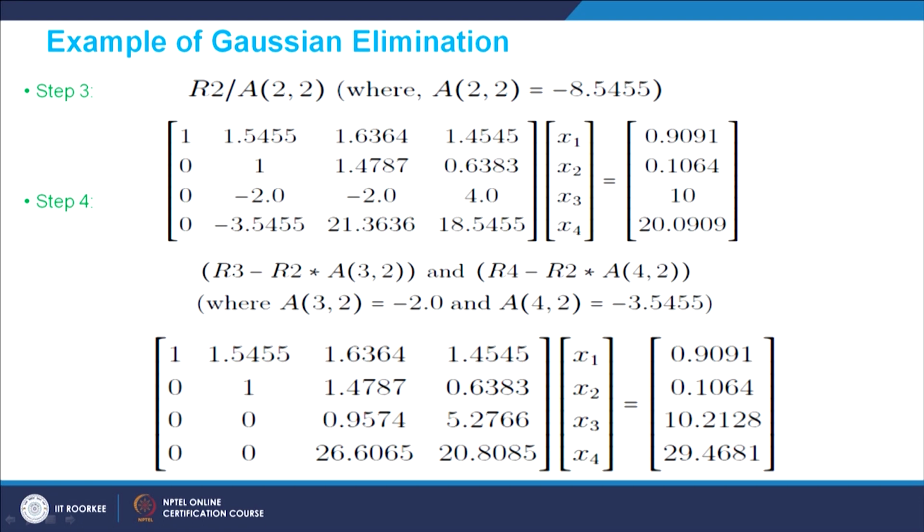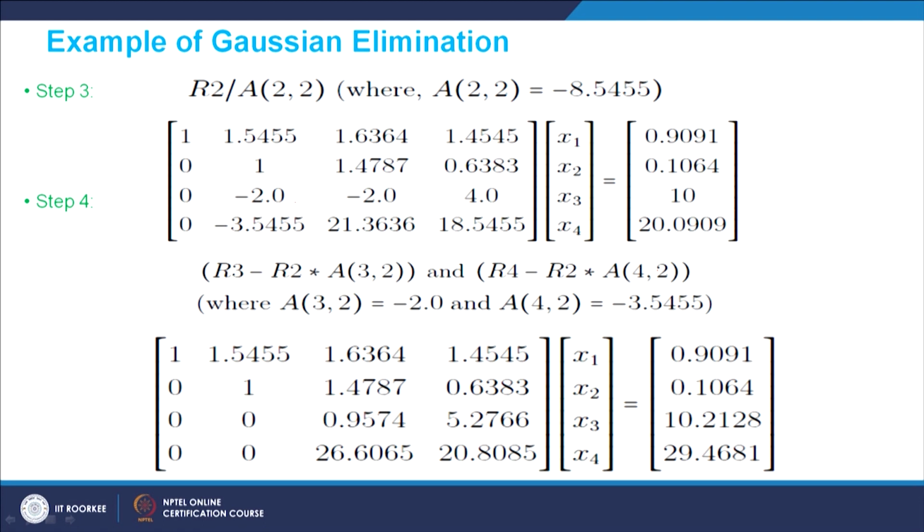Please note that because this is 10 and this is minus 2, obviously this will be more than 10. Similarly, we now multiply this row by minus 3.5455 here. So then here we will also get one minus 3.5455.